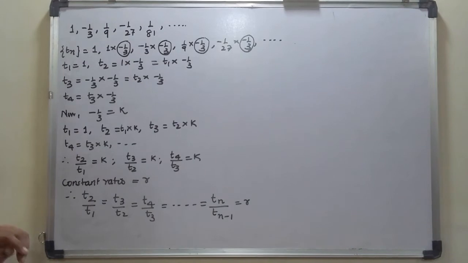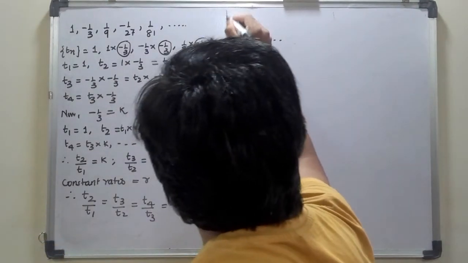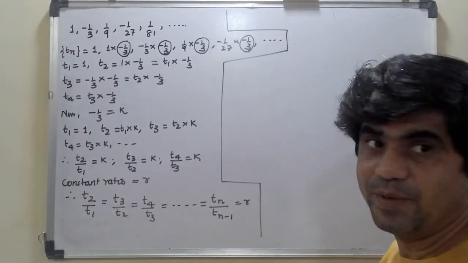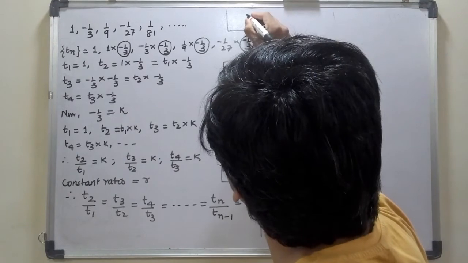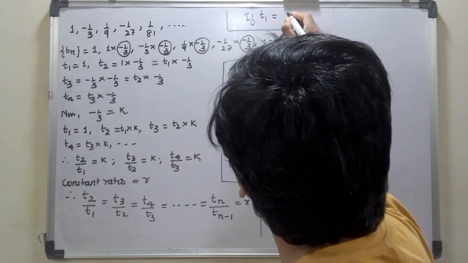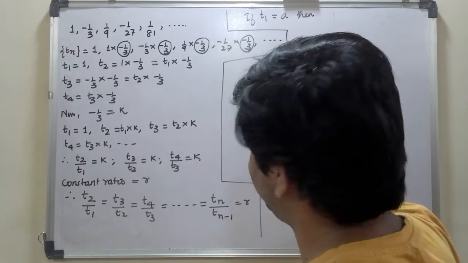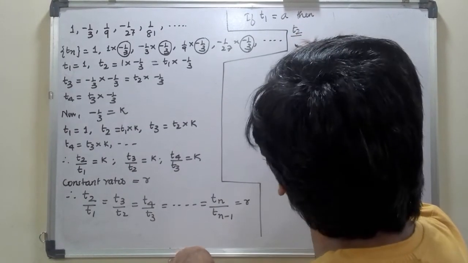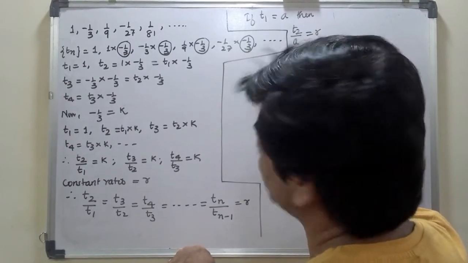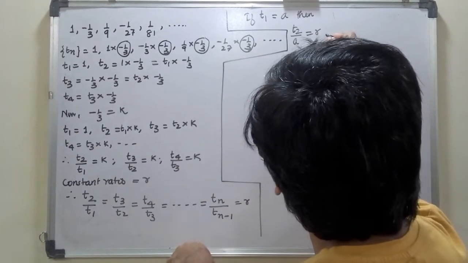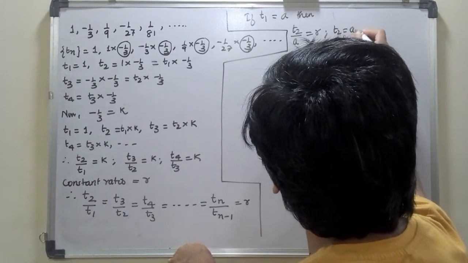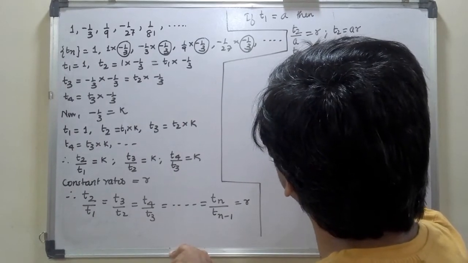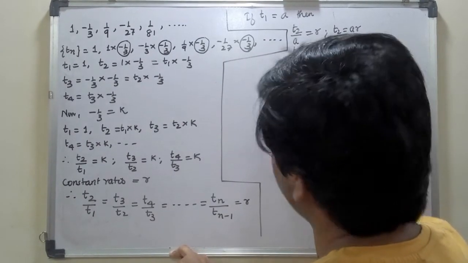Now if I take your term 1 to be A, then what will happen? Then I will get term 2 by A is equal to R. Agreed? So your term 2 will be AR. Term 3 by term 2, right? That is equal to R.